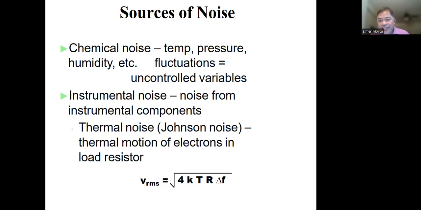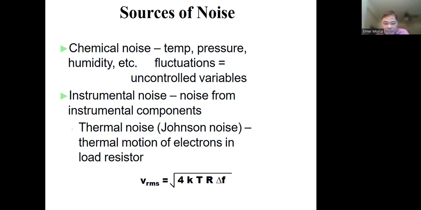That's the reason why you don't want the wet lab to be together with the instrument lab. You don't want reagents. As much as possible, there's a room for the wet lab and there's a room for the instrument lab.